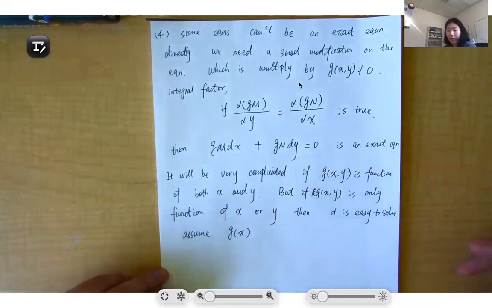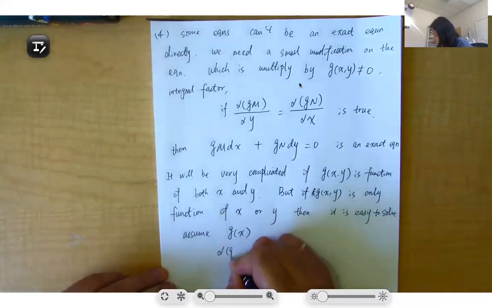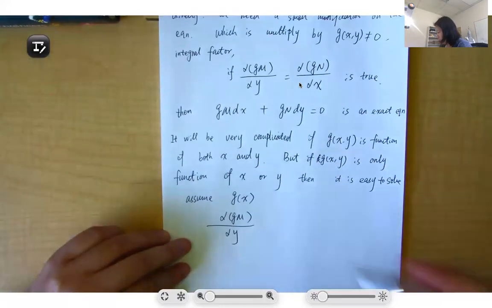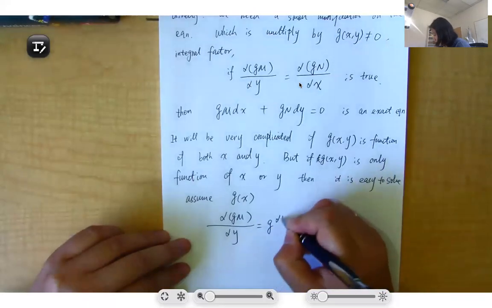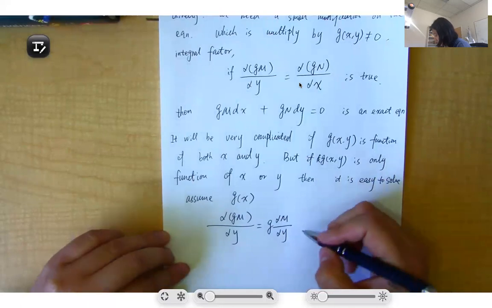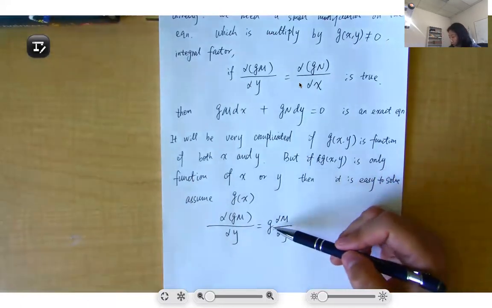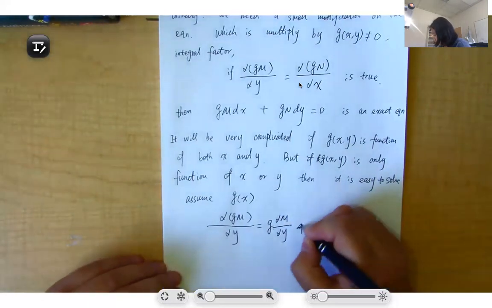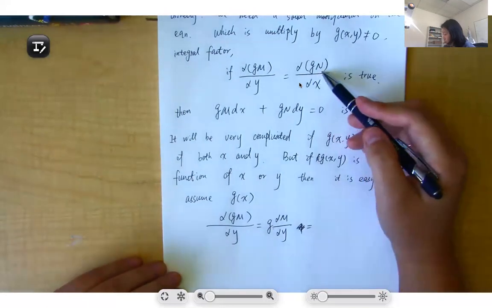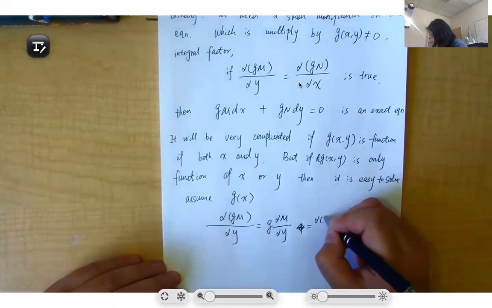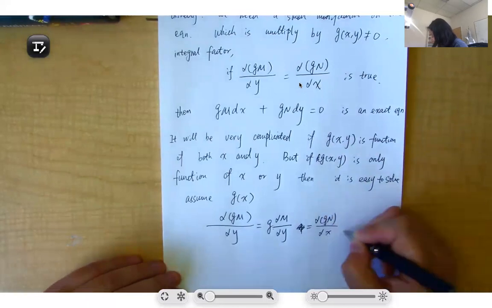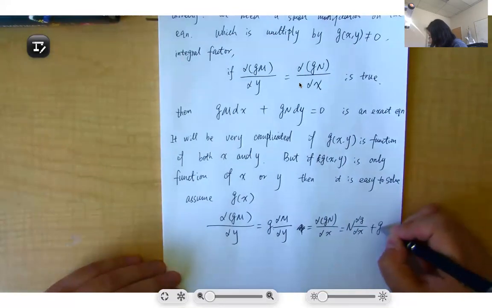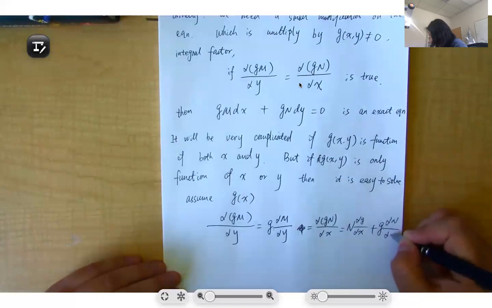Then what we can do is ∂(gM)/∂y equals g ∂M/∂y, because g is only a function of x, and that equals ∂(gN)/∂x, which will be N dg/dx plus g ∂N/∂x.